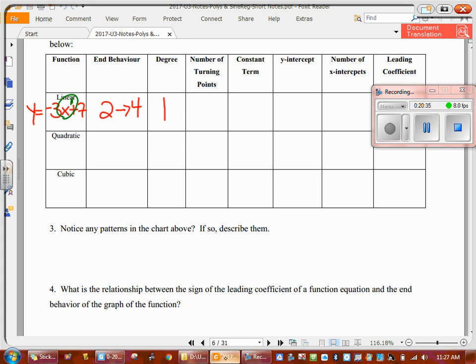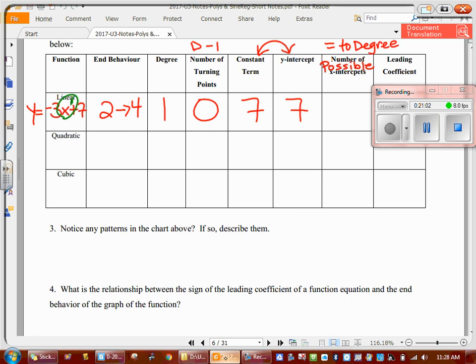Our constant term is positive 7, which is identical to our y-intercept. These are identical, always. As I mentioned, there's a word missing, number of possible x-intercepts. Well, for degree 1, this is going to be equal to the degree. So the number of possible x-intercepts is always equal to the degree. So degree 1 will have 1.